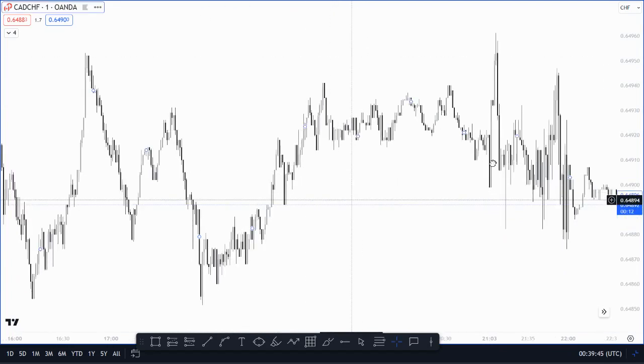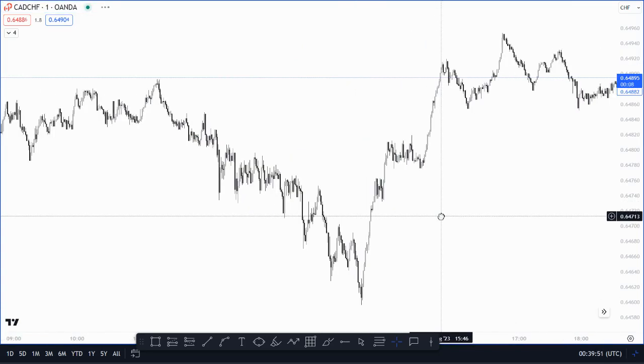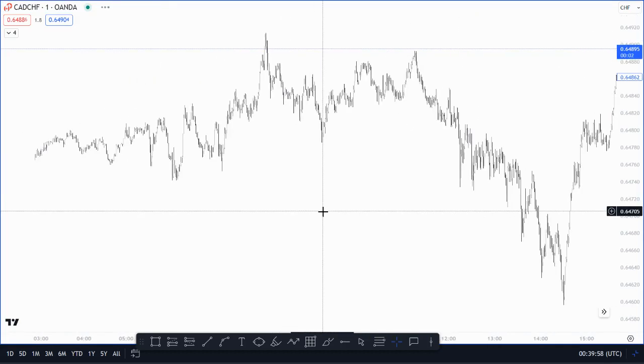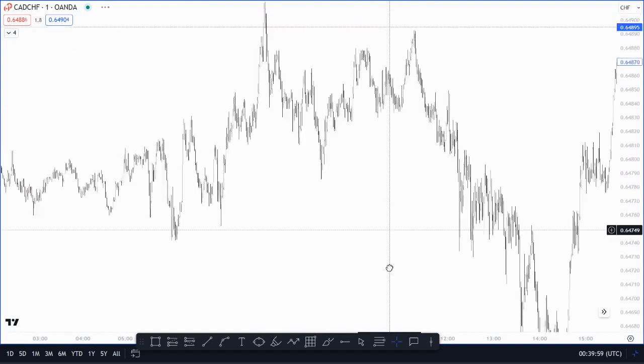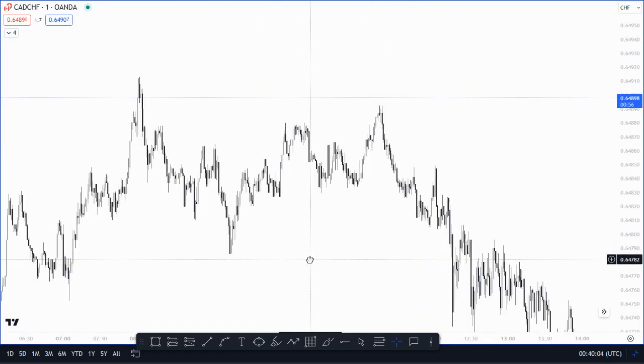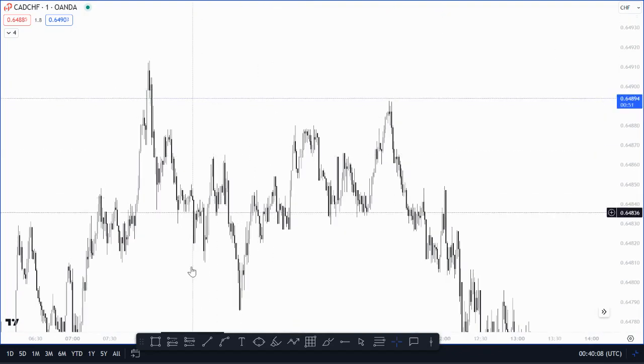Assuming we want to take this trade, we made our analysis and we want to sell. Let's say we want to sell and our risk is 0.5%.